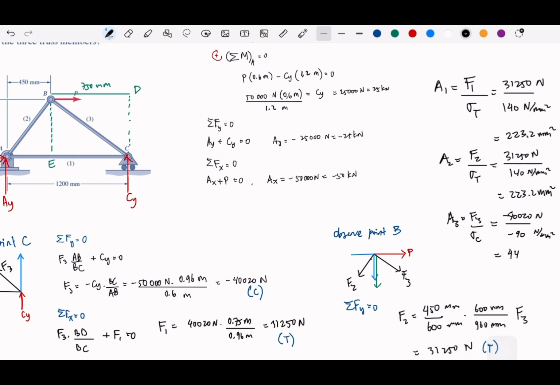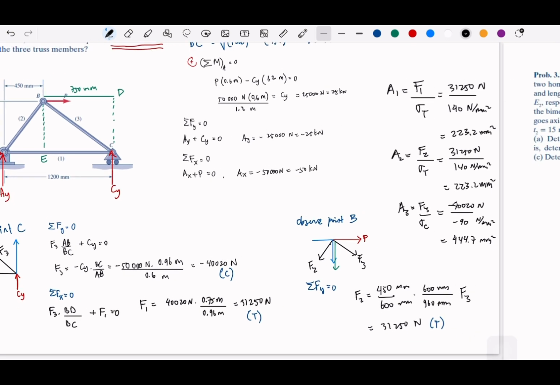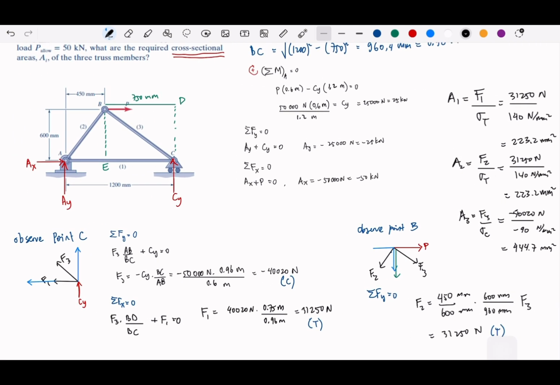This will be 444.7 millimeters squared. Okay, that's the required area.